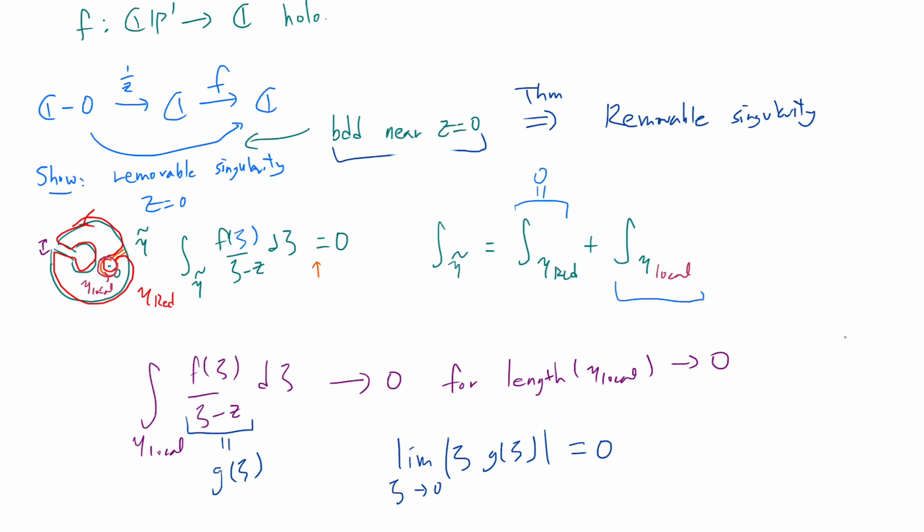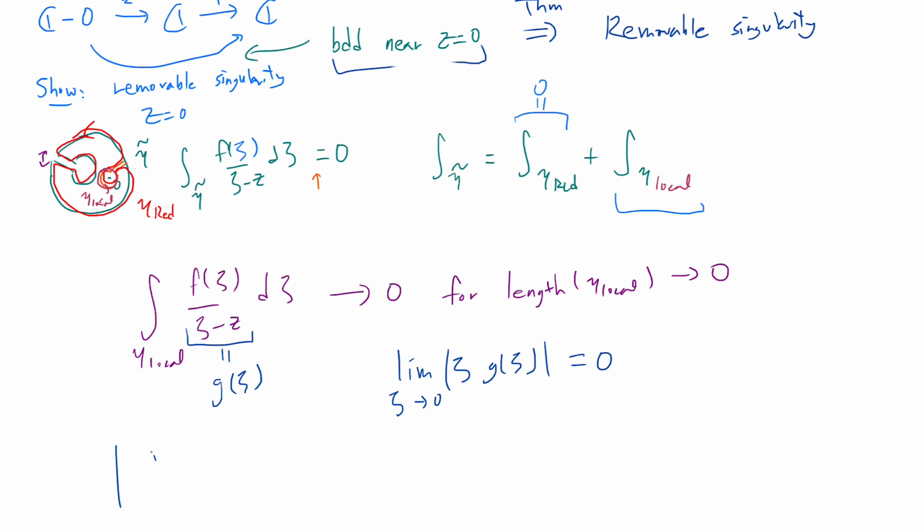And if you try to bound this integral, if we want to bound this integral gamma local g of zeta d zeta, then up to, I'll use this less than sign again to denote less than or equal to, except I'm suppressing some constant multiples.